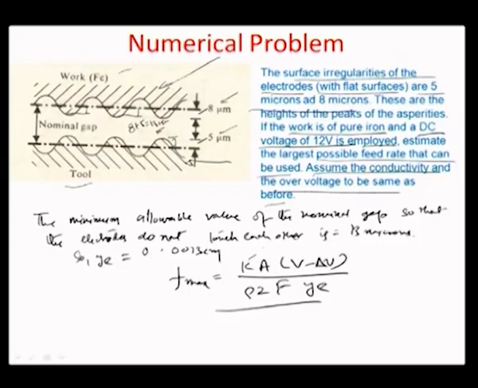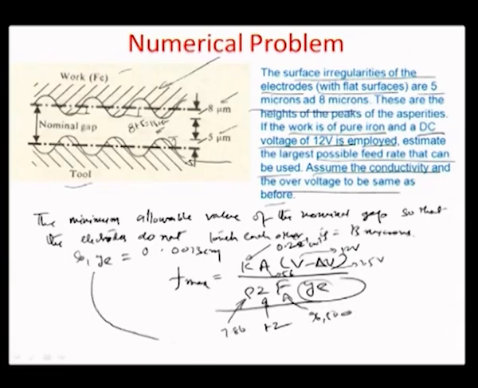We know the conductivity, we can assume it to be the same as the previous question, 0.2 ohm inverse centimeter inverse. This is known as 56 grams. This is about 12 volts. Over voltage employed can be treated to be the same, that is 1.5 volts, and then of course you have the density of iron as 7.86 grams. This can be plus 2, this can be 96,500, and YE here is defined by this process as 0.0013 centimeter.